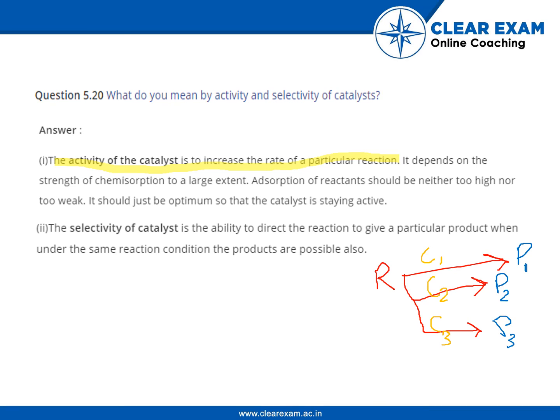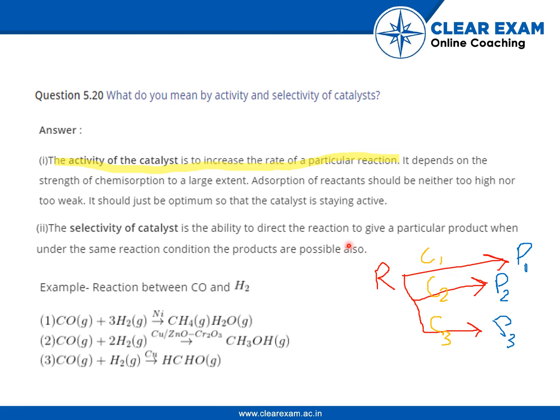So this entire point meant that it is possible that if we use different catalysts for a particular reactant, we might get different types of products. This is an example of what I was trying to explain. We have the reactants carbon monoxide, CO, and hydrogen, H2.